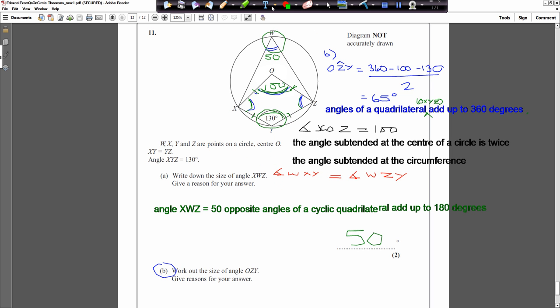So let's give an explanation: equal opposite angles of a kite WXYZ.